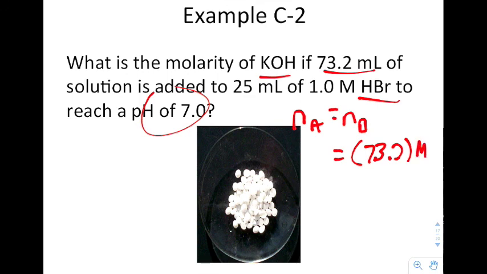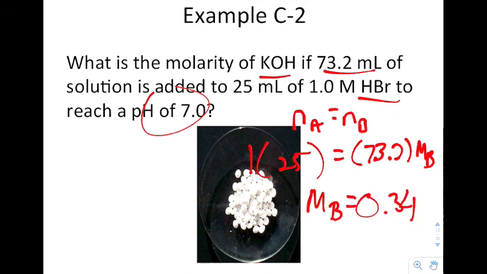I'm trying to solve for the molarity of the base, which is the most common thing you do in a titration. In the acid, I know I had 1 molar and 25 mils. So 1 times 25 divided by 73.2 gives you the concentration of the base. The molarity of the base is roughly 0.34.